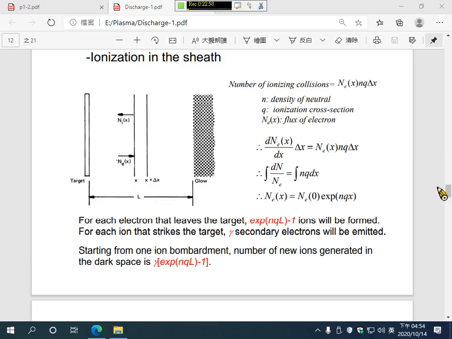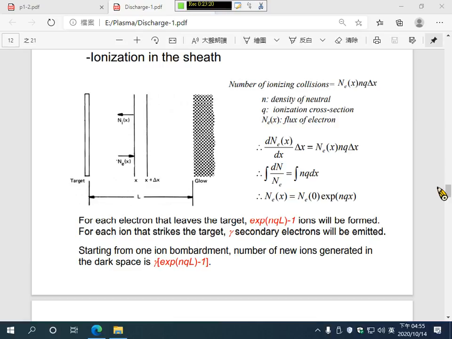When the electron travels from the cathode surface toward the edge of the negative glow, the number of electrons and ions increases, or the density of ions and electrons increases. The model gives us this equation from the last chapter.